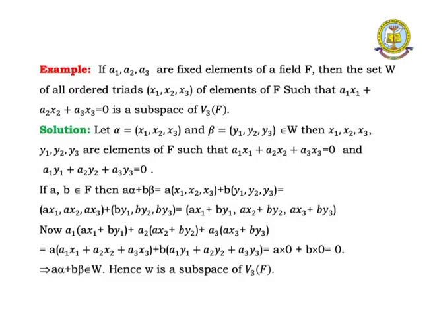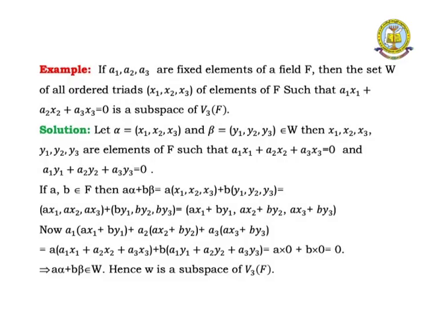Substitute here a1 x1 plus a2 x2 plus a3 x3, and you get a into (a1 x1 plus a2 x2 plus a3 x3) plus b into (a1 y1 plus a2 y2 plus a3 y3), which is nothing but a into 0 plus b into 0, that is 0.